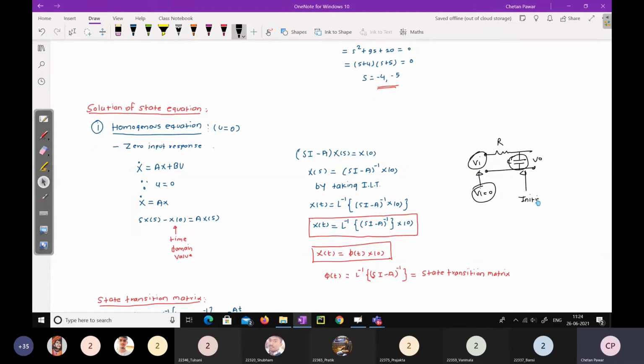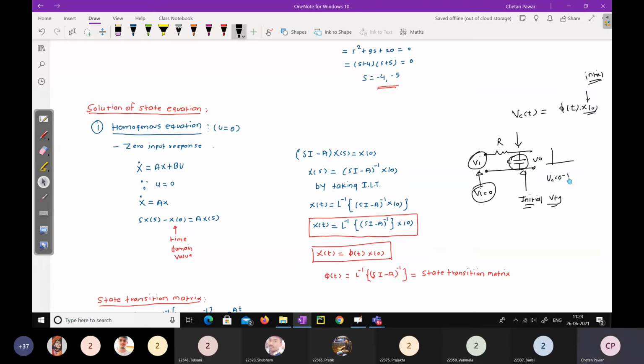And what is the state variable here? Vc, right? So what will be the Vc of t? Phi of t into x of 0. What is the x of 0? The initial value. What is the initial value? The initial capacitor voltage. So phi of t into Vc of 0.